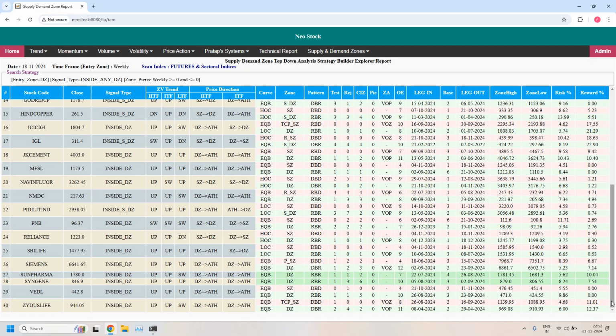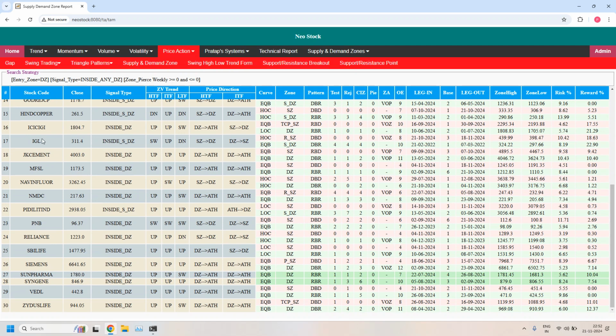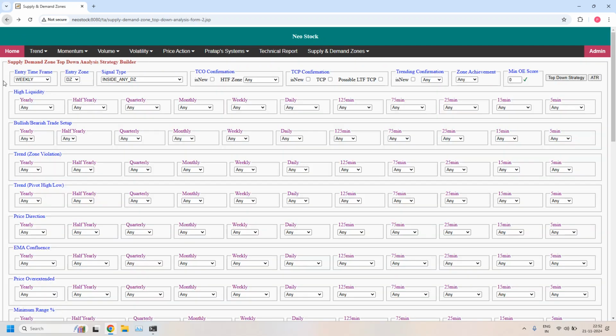In these 30, there could be some high probability setup weekly zones available based on weekly EMA Confluence. So in the EMA Confluence, weekly time frame, weekly demand zone having weekly EMA Confluence filter is selected, and that weekly trend should not be sideways.